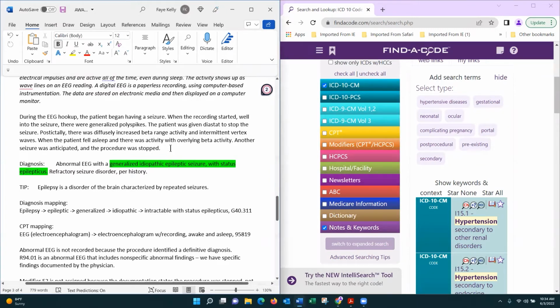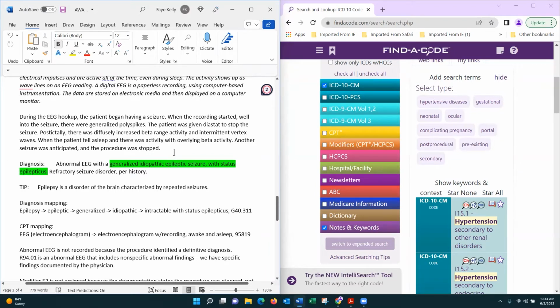So we cannot assume that the procedure was stopped prematurely, because these procedures may not last but 15 minutes. They're not long, most of the time short. They can go up to probably 40, 45 minutes, but we cannot assume here that the procedure was discontinued.